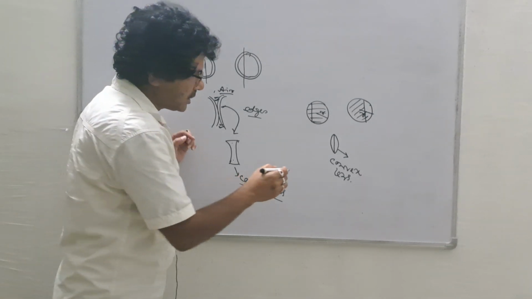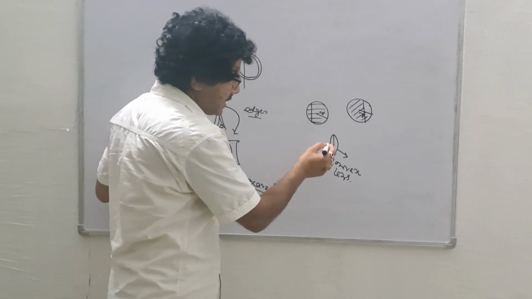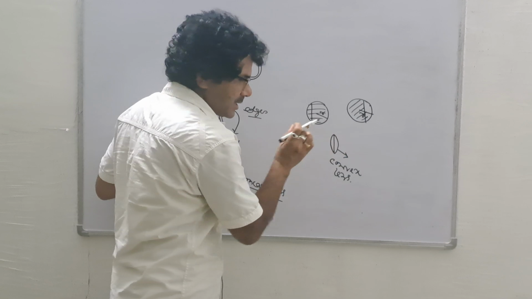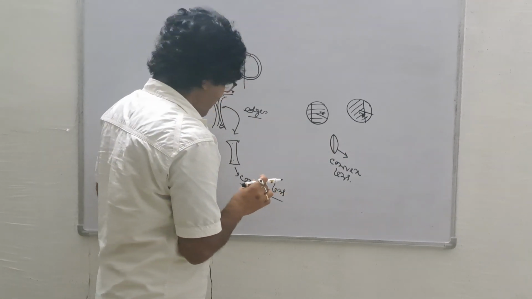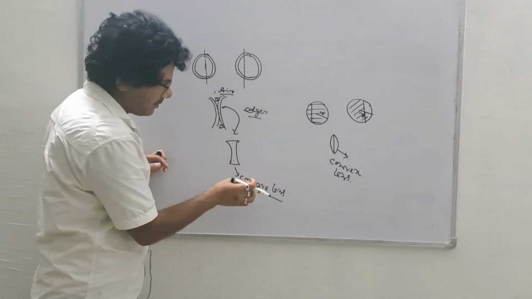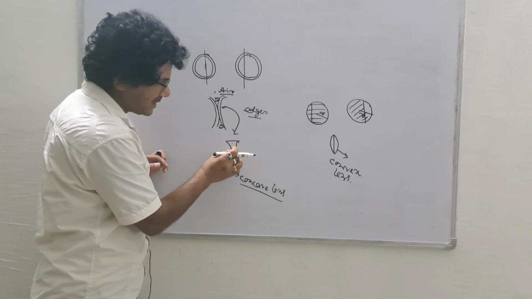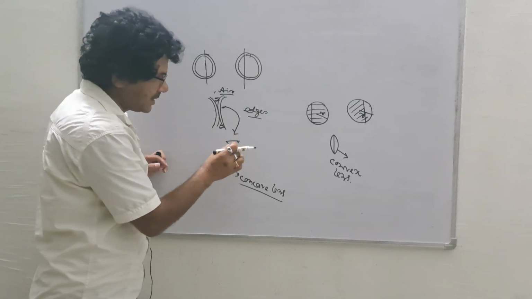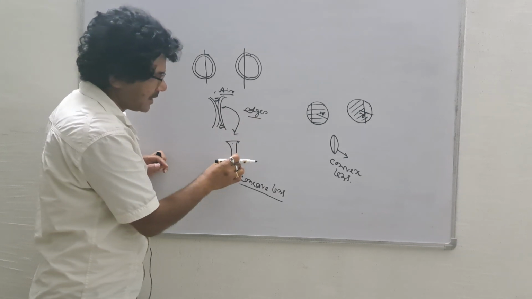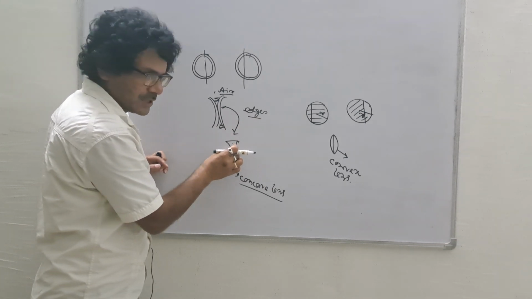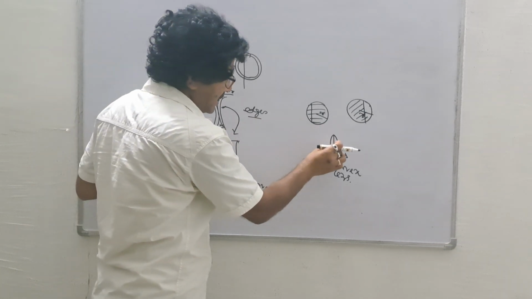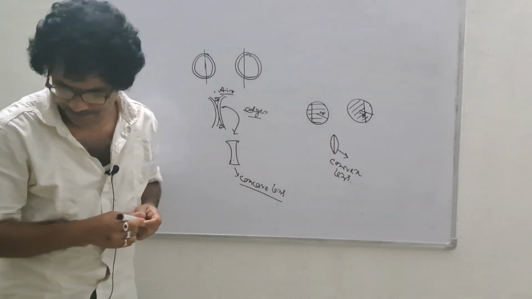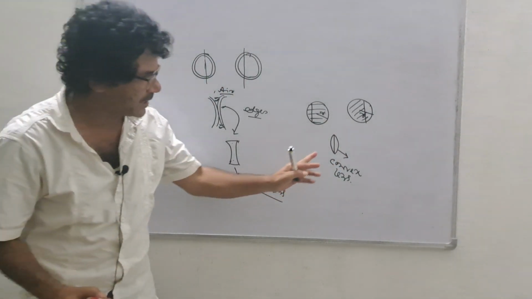So in case of a convex lens, the middle portion is thick, and edges are thin. And in case of a concave lens, the middle portion is thin and edges are thick. So what is a convex lens?